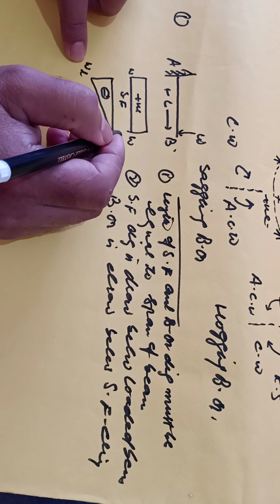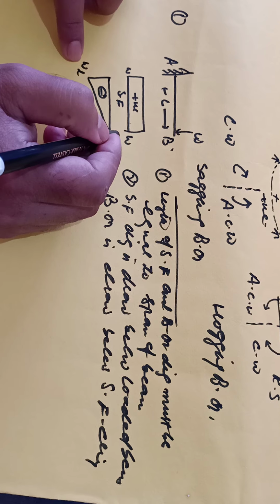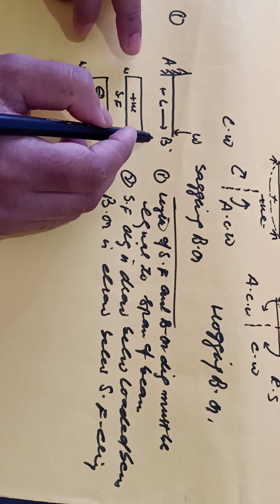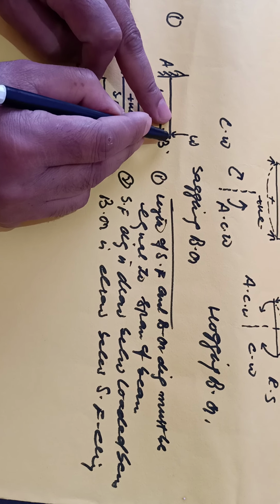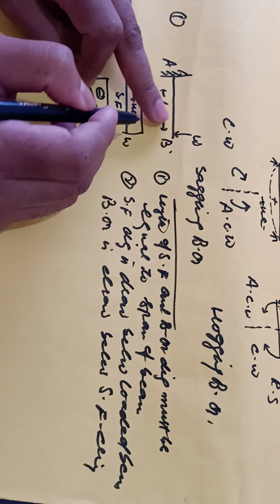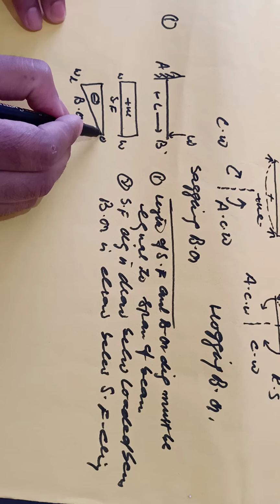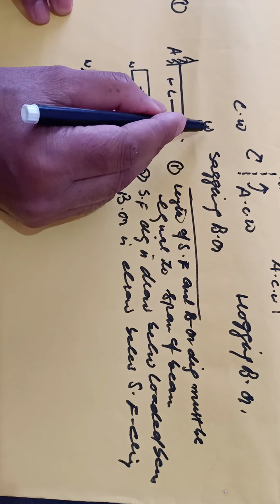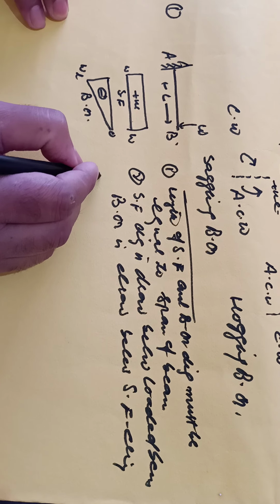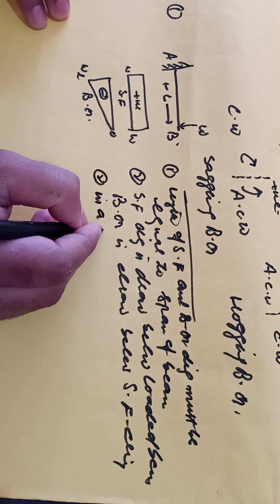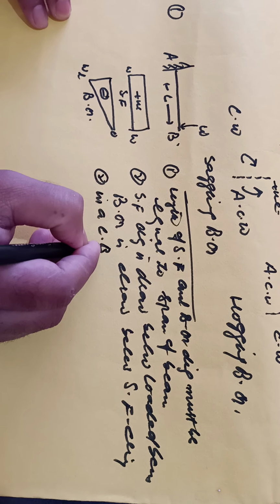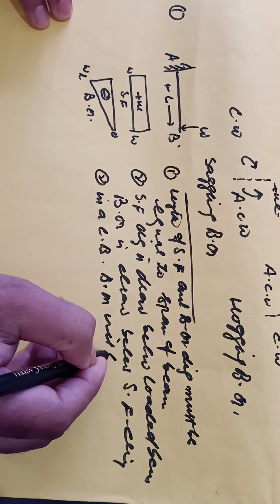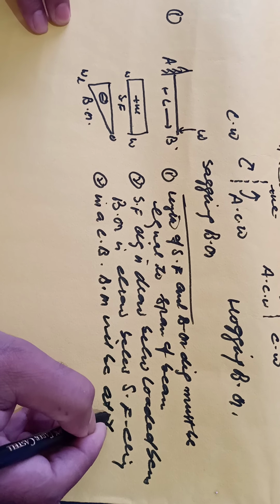Another point is, for a cantilever beam, bending moment will be 0 at the free end. Here bending moment is 0. No distance. Load into distance, W into 0, that is 0. That means in a cantilever beam, bending moment will be 0 at the free end.